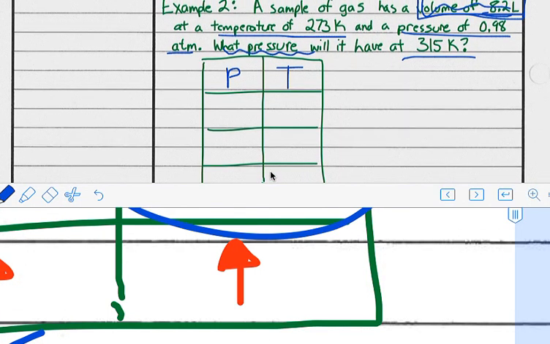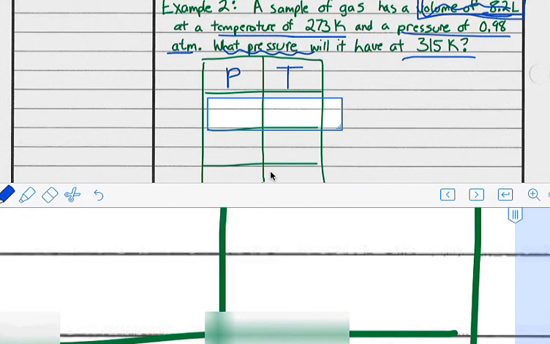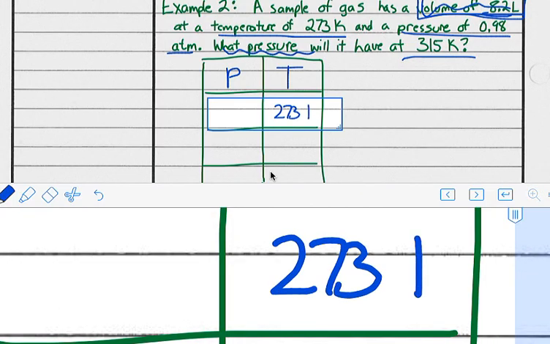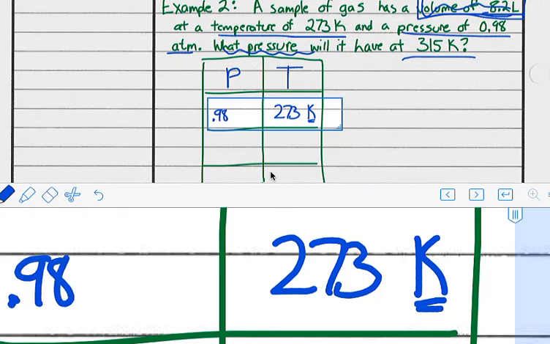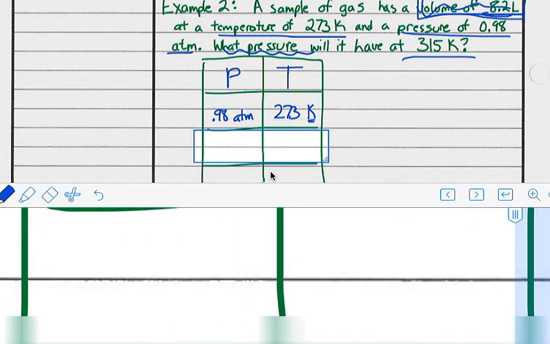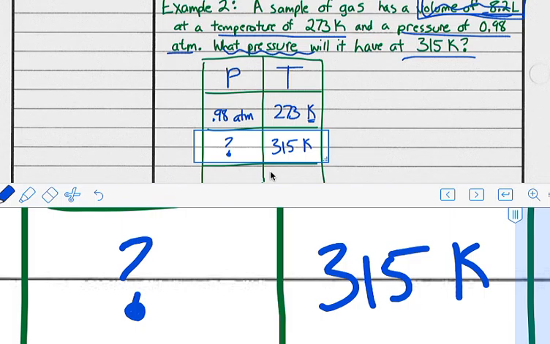All right, so I've got a temperature of 273 Kelvin. That is already in Kelvin, so I can leave it there. I don't need to convert it if it's already in Kelvin. And a pressure of 0.98 atm. What will the pressure be at 315 Kelvin?